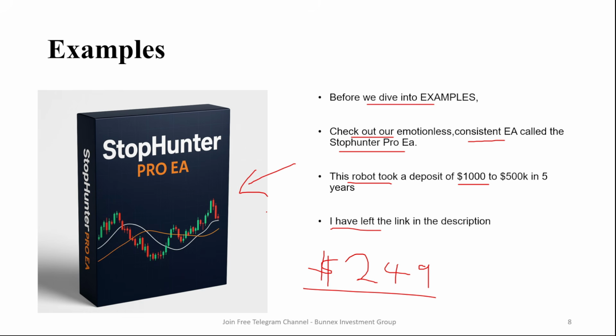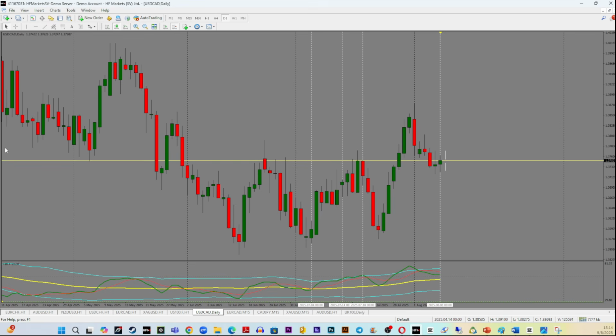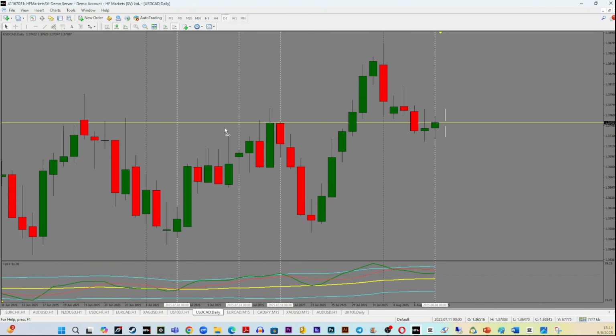Let's jump over to the charts. All right, so this is USD against Canadian dollar, and I've already marked the inside days. We can see this is an inside range, high, low, and the following was actually inside this particular day.